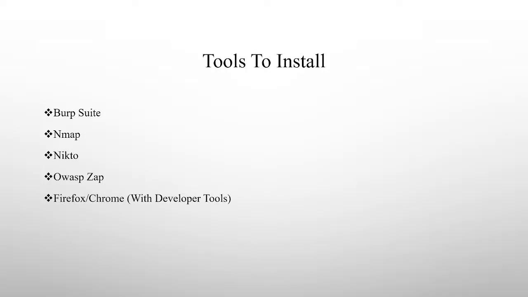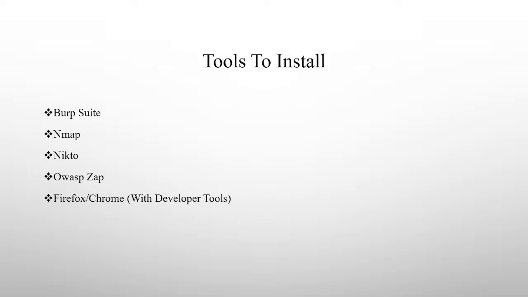ZAP acts as a middleman between your browser and the target website. There are two types of scans in ZAP: active and passive scanning. You can also scan and crawl in ZAP.